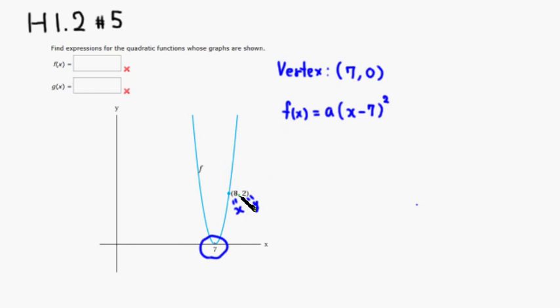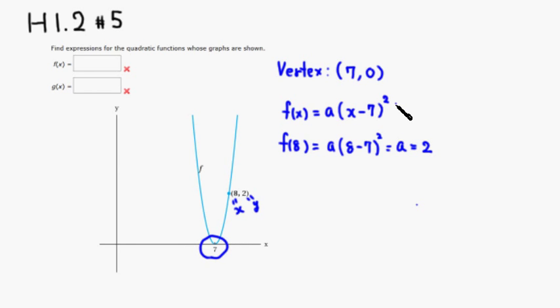So f of 8 is equal to a times 8 minus 7 squared, which is 1 squared, so it's actually a, and that is supposed to be equal to 2.